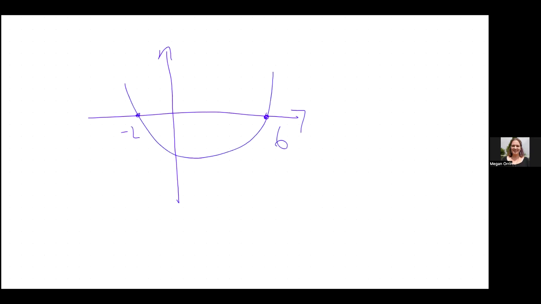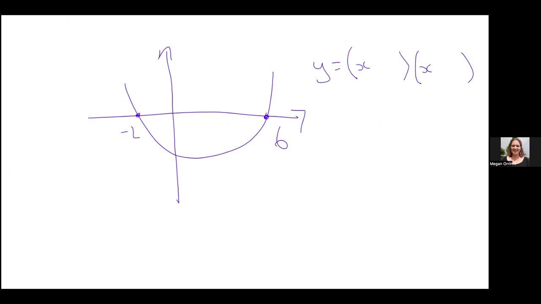Okay, if I gave you this and asked you to write me an equation, is this a smiley face or frowny face? Okay, so we know that the first term is positive. What are the two x-intercepts?